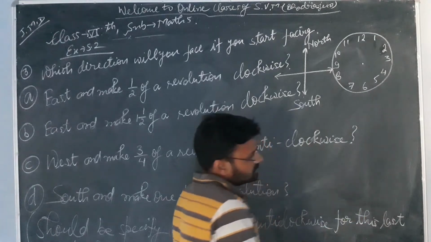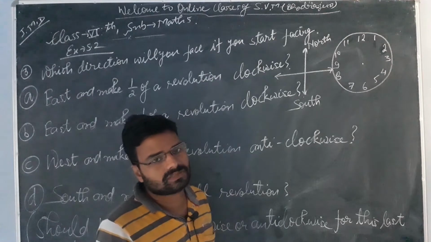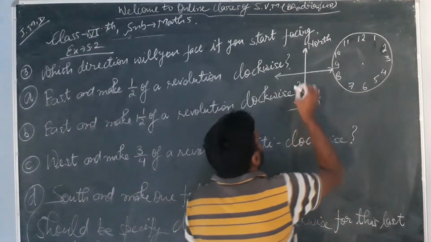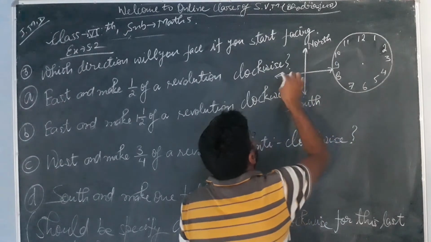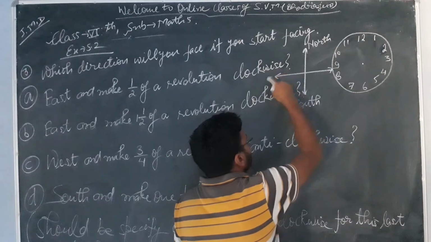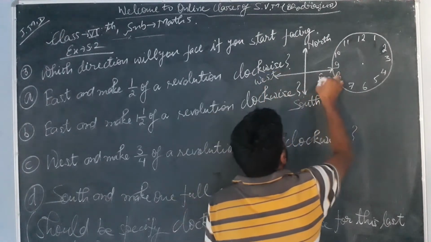Kanyakumari is in south, or Kerala is in south of India. Sri Lanka is situated in the south of India. Good. So this is north, this is south. Now this is east, and this is west.